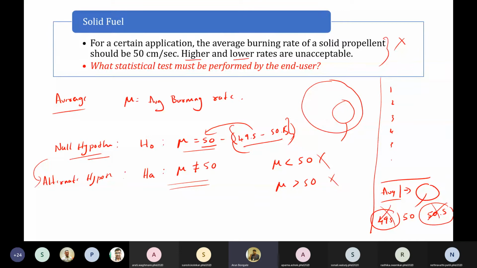So now, compared to the previous experimentation, based on the criticality of the problem and the statement of the problem itself, I cannot have the alternate hypothesis in this fashion, right? It is not possible, or it is not recommended, because based on criticality, you need to logically think: whatever decision I am taking, either null hypothesis or alternate hypothesis, can I make a conclusion out of it?